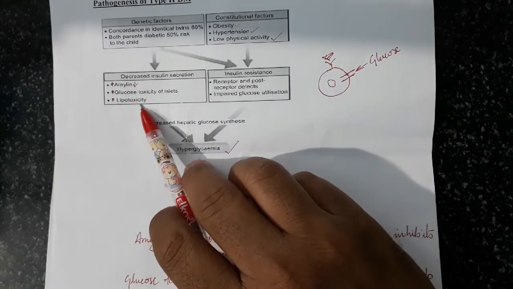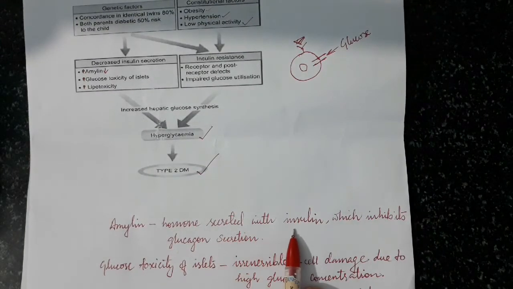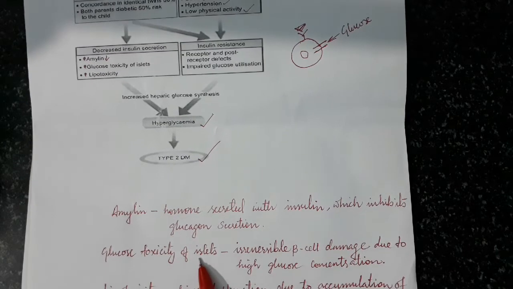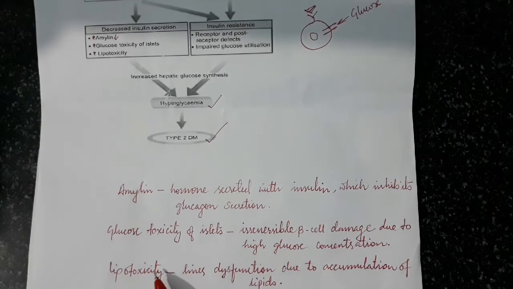Then it causes lipotoxicity. What is amylin? Amylin is a hormone secreted with insulin, which inhibits glucagon secretion. Whereas glucose toxicity of islets is irreversible beta cell damage due to the high glucose concentration. And what is lipotoxicity? It is the liver dysfunction due to the accumulation of lipids.